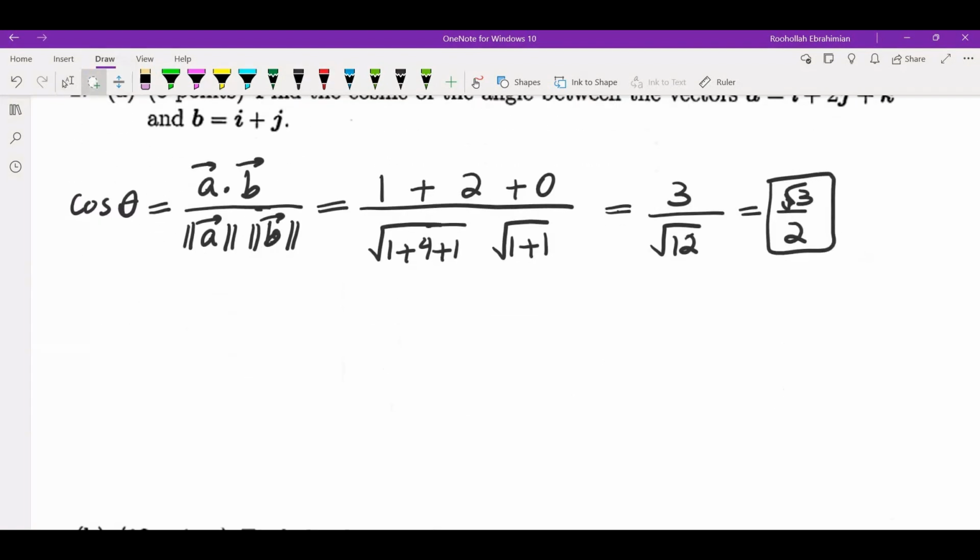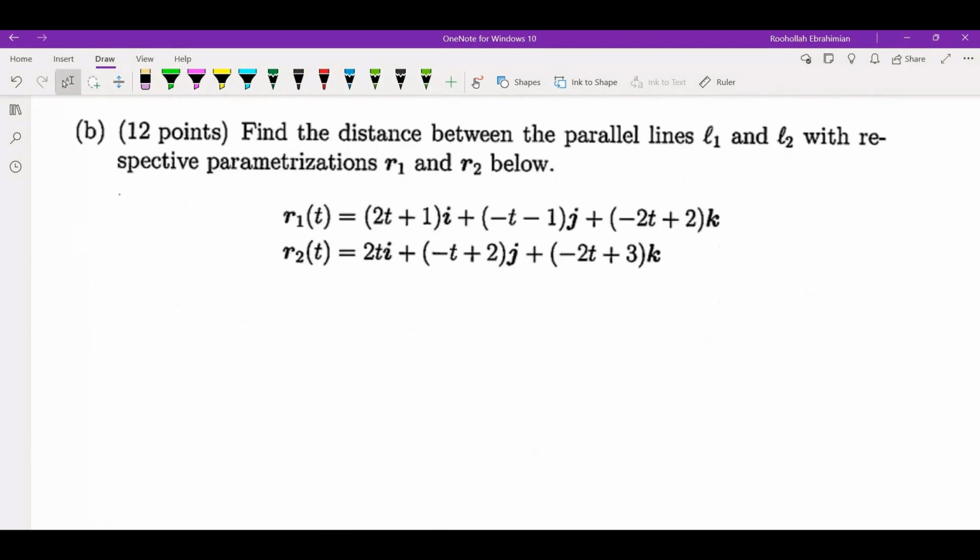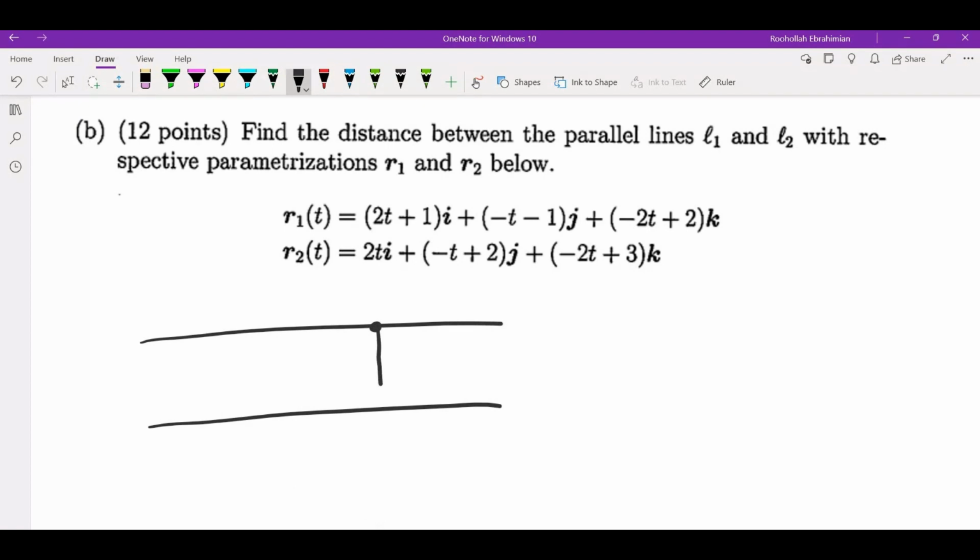Okay, so let's move on to the next problem. They gave us these two parallel lines and they're asking us to find the distance between them. So how do we find the distance between two parallel lines? You take one point and then you find the distance using the distance formula.